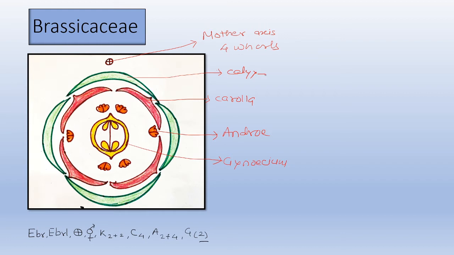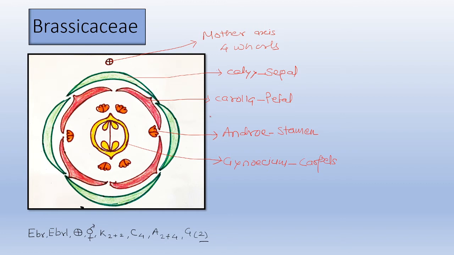Now the calyx consists of members which are called sepals. Corolla consists of petals. Here the stamens are present in the androecium, while the gynoecium constitutes the carpels. Now we have to count first of all the number of the calyx, that is the sepals, petals, stamens, carpels, etc. to describe the flower.